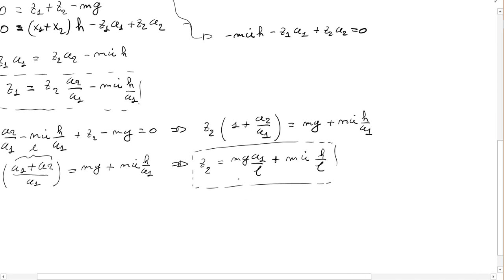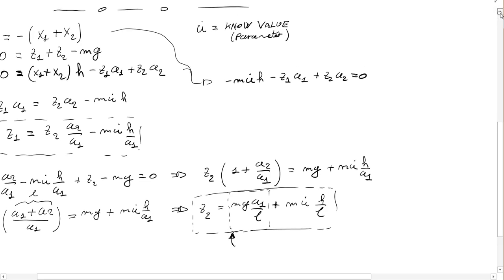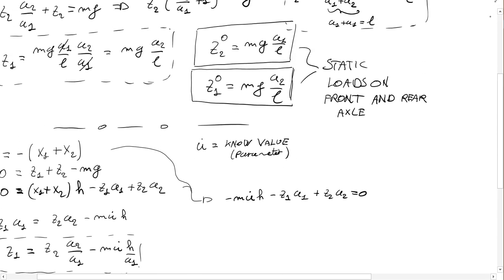But in this equation what we can see is here we have what we call the static load, no? As we saw previously, we now know that zeta 1 and zeta 2 0, mg a1 L and mg a2 L will be the static load.